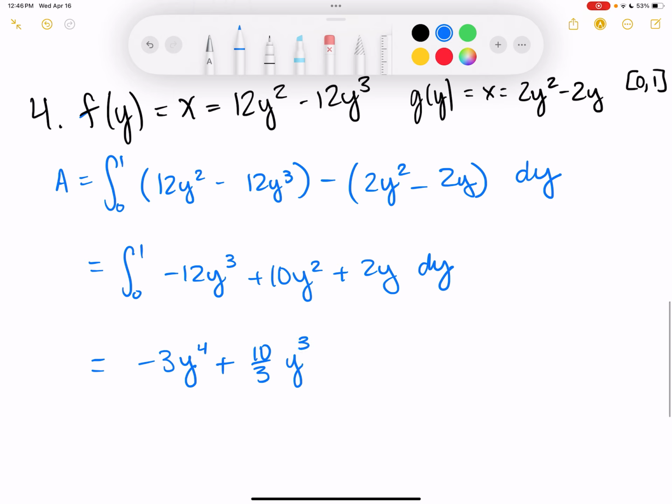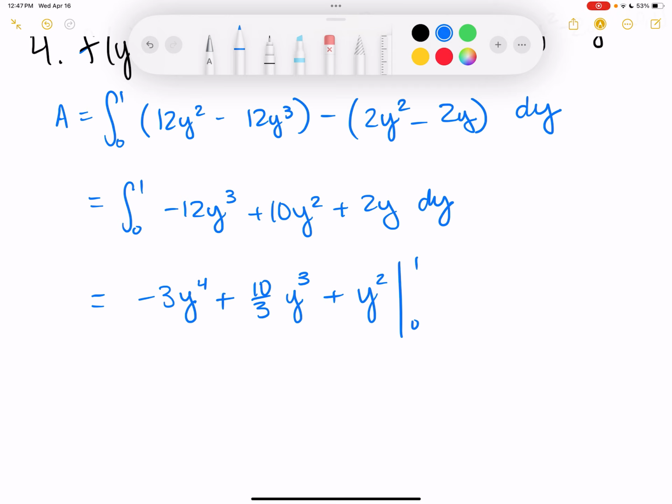I thought it was just y, not y squared, because my hand was kind of over it, so I couldn't really see it. So when you said that, I was like, what? And then I moved my thumb, and I was like, oh. And then antiderivative of 2y is y squared. Yep. And we're evaluating from 0 to 1.